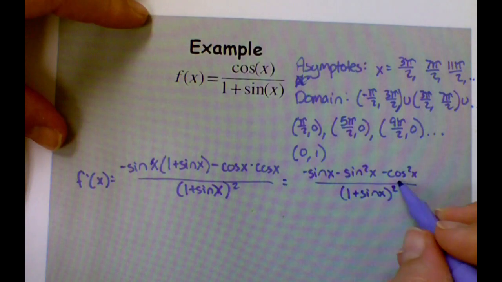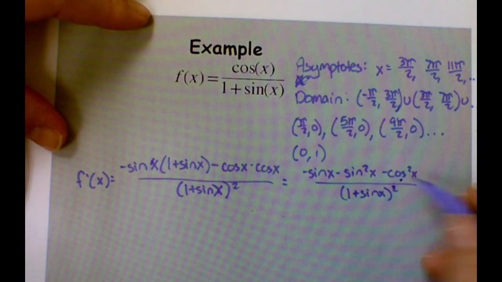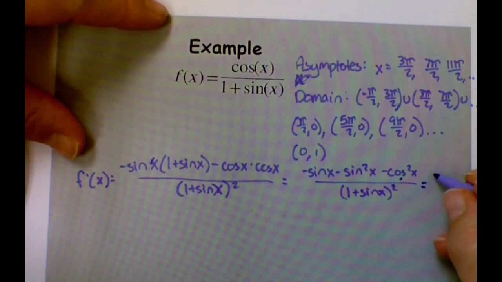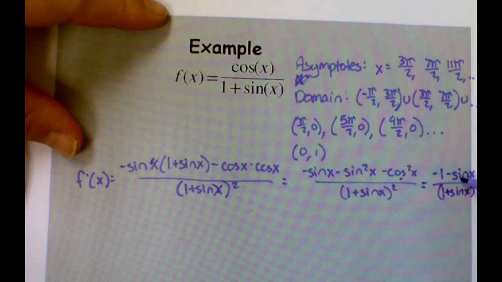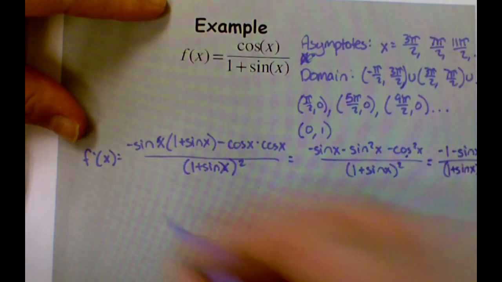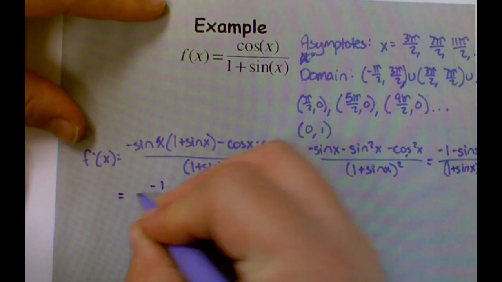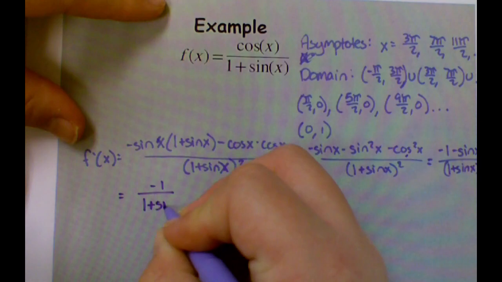Well, sine squared plus cosine squared makes 1. So negative sine squared minus cosine squared makes negative 1. And minus sine of x. And now if you notice here, if I just take a negative out of the numerator, I have exactly the denominator. So my first derivative is negative 1 over 1 plus the sine of x.